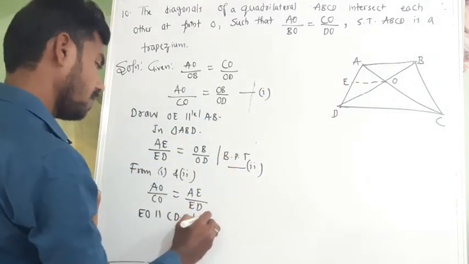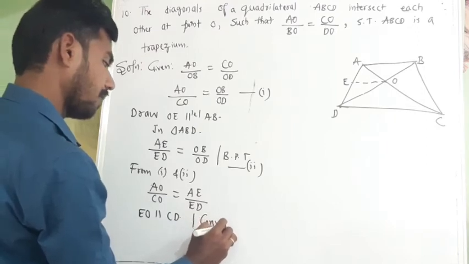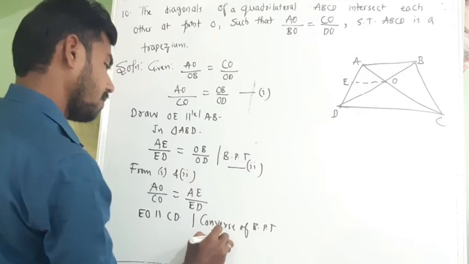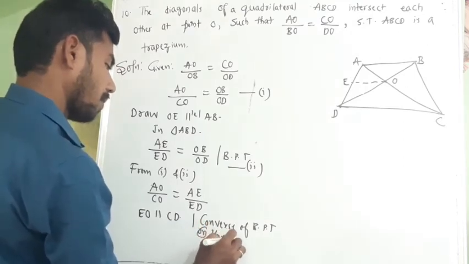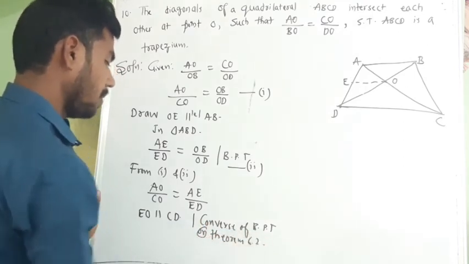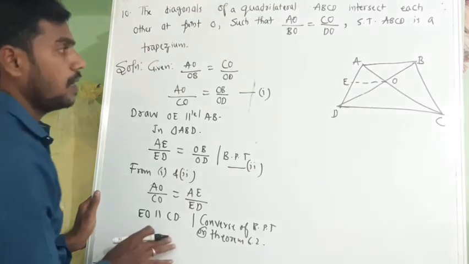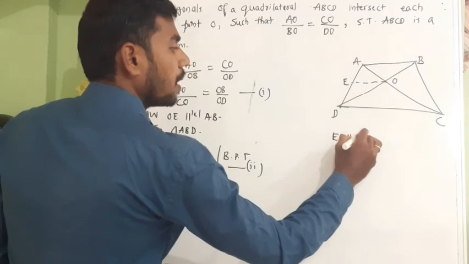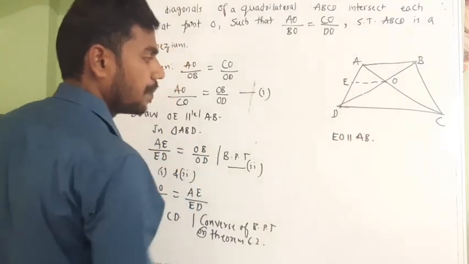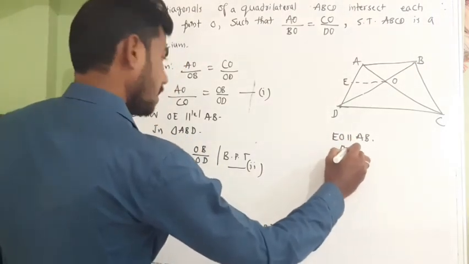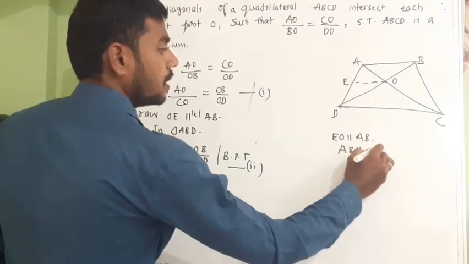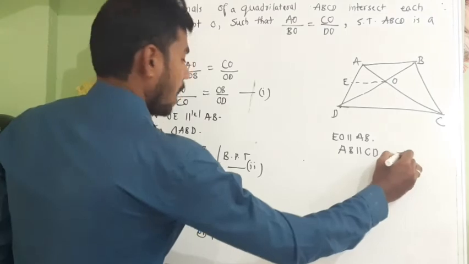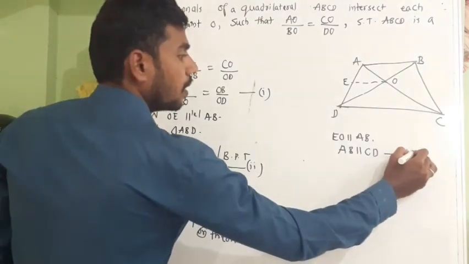This is from the converse of BPT, or theorem number 6.2. Since EO is parallel to CD and EO is parallel to AB, what can I write? AB is parallel to CD. I will call this equation number 3.